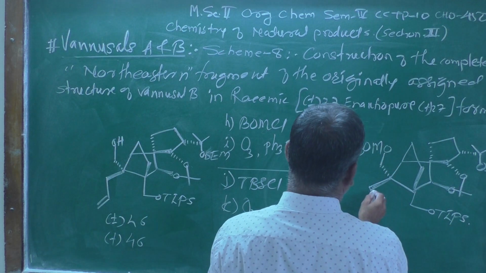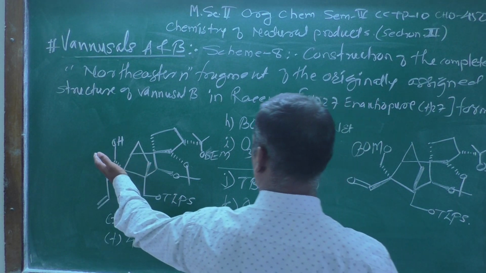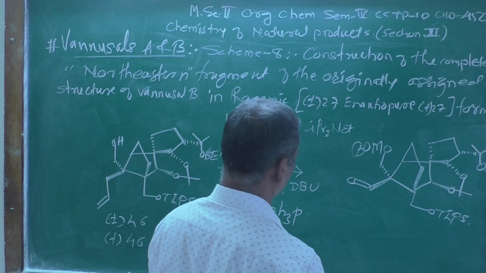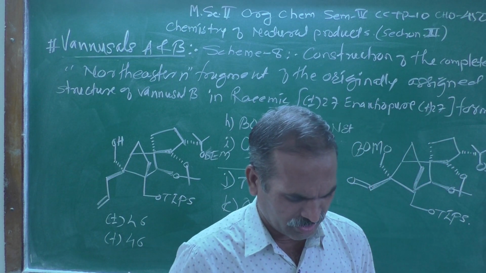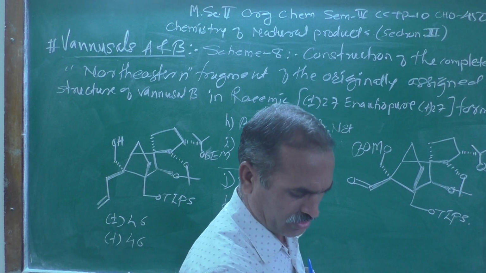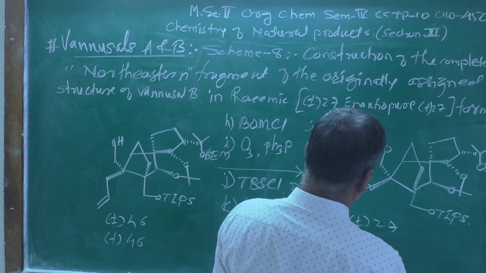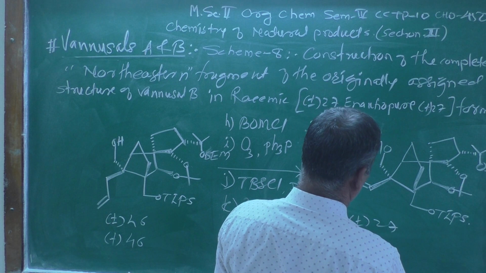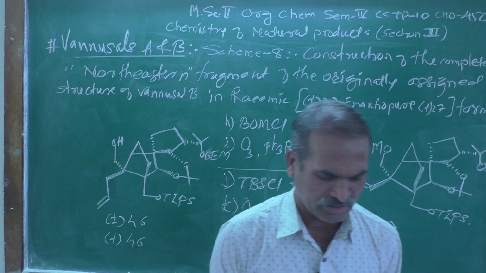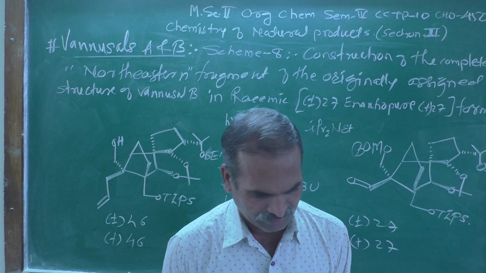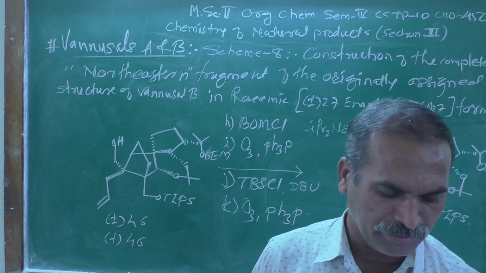and here, after breaking of that carbon-carbon double bond, we will get an aldehyde, and this is the structure number plus-minus 27, whereas we will get the enantiomerically pure compound, that is 27. This is the scheme.